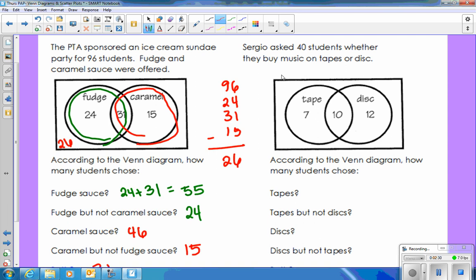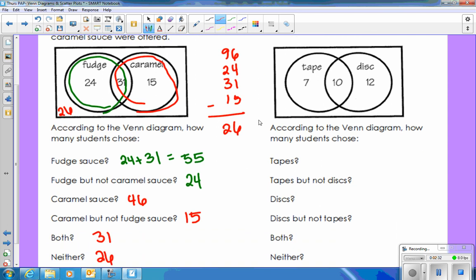Sergio asked 40 students whether they buy music on tapes or disc. So how many buy tapes? 7 and 10, so 17. Tapes but not discs is just 7. Discs in all is 22. Discs but not tapes is 12. Both is 10.